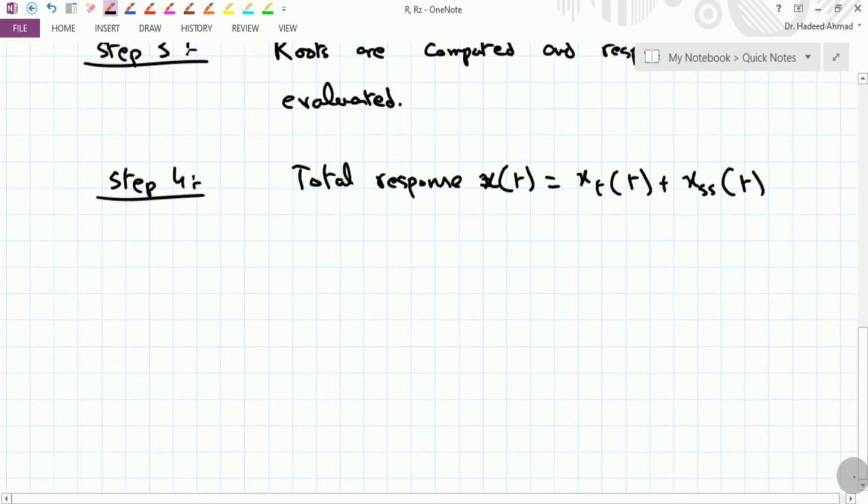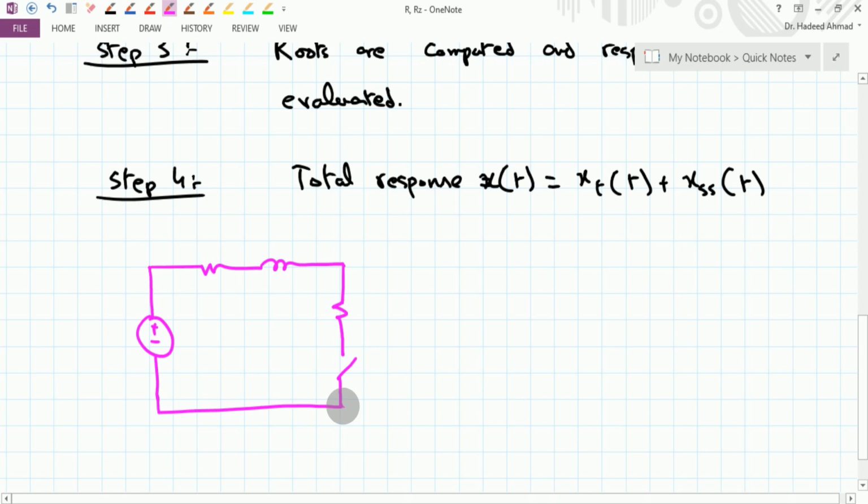So in order to have a better understanding, let's work through an example here. Suppose that we have a voltage source. Here we have a switch which is operating at time t equal to 0, and here we have a capacitor. This is a 12-volt source.